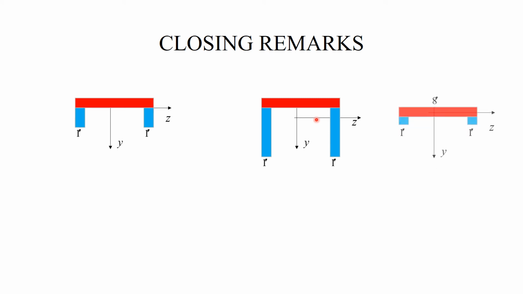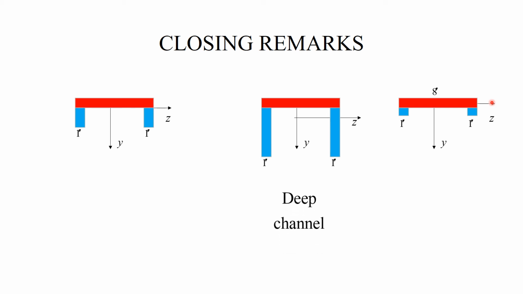The other alternative is that the webs are short, and as a result, the z-axis is going through the flange. Accordingly, I can refer to this channel as deep and to this channel as shallow. It happens that the channel of interest to us is neither deep nor shallow, so we call it an intermediate channel.